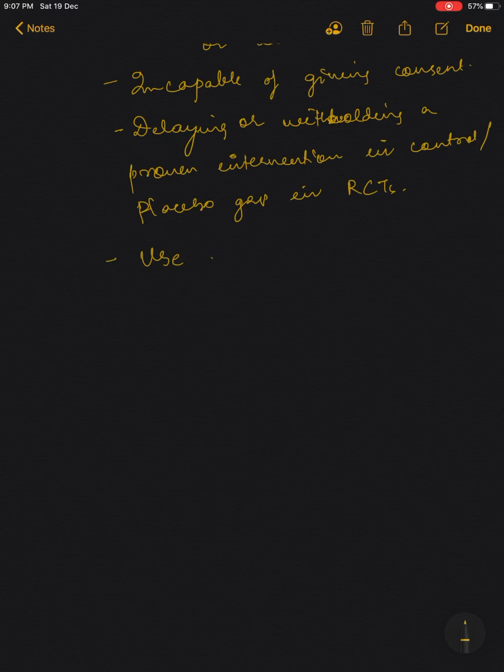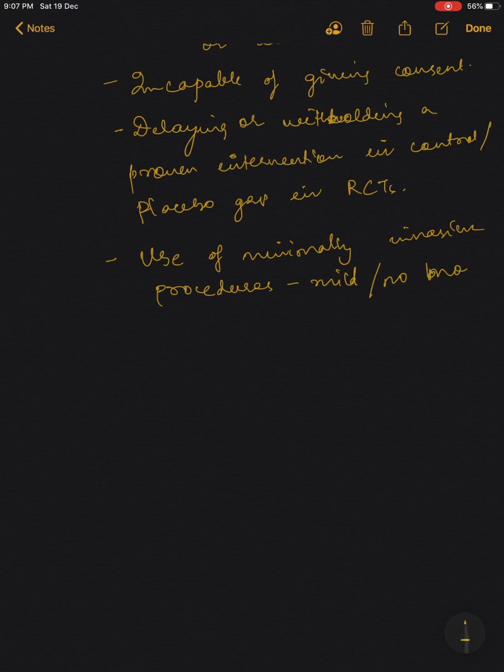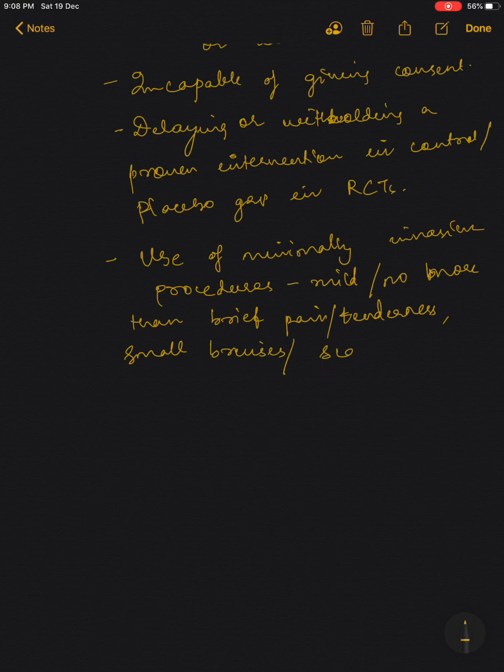Also use of minimally invasive procedures. And these procedures might cause mild or no more than brief pain, or tenderness, small bruises or scars, or drawing a sample of blood for testing.